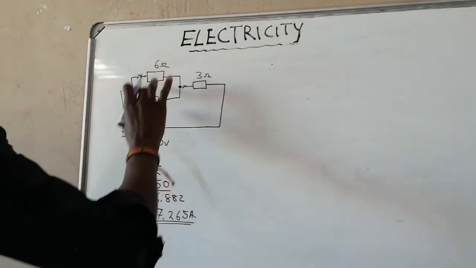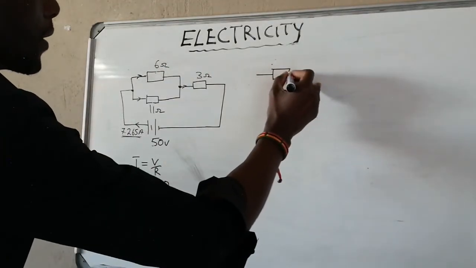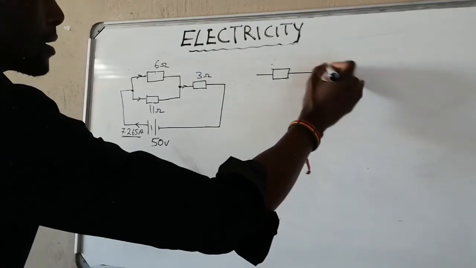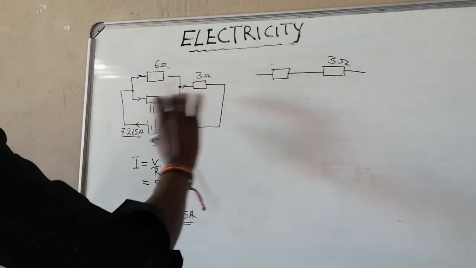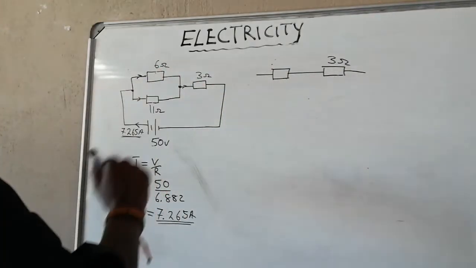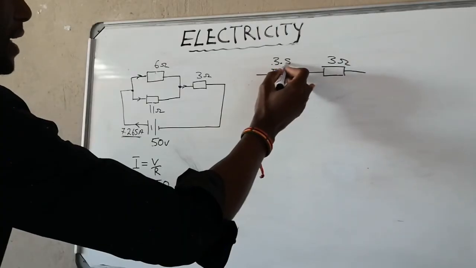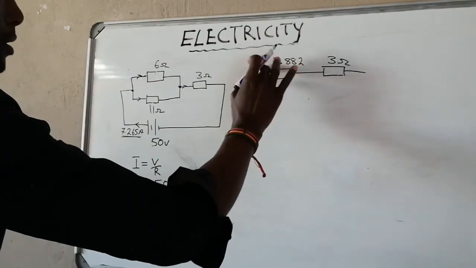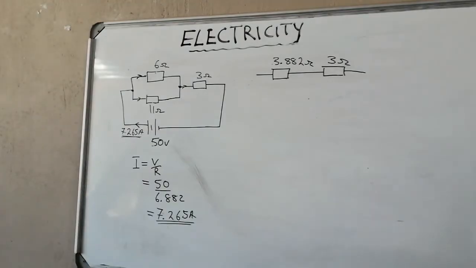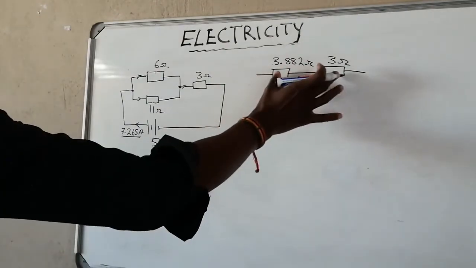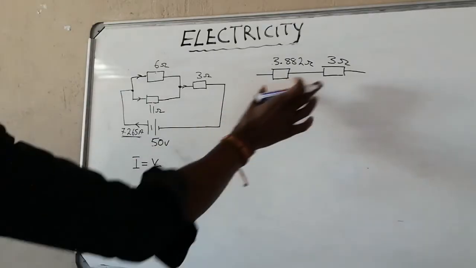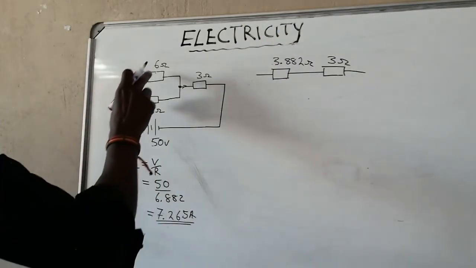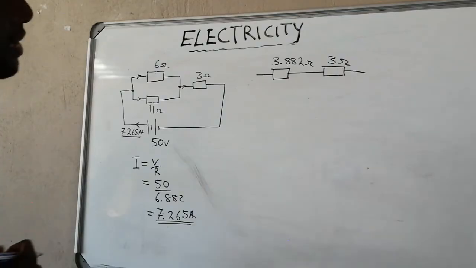So remember when we combine these two, we got our one resistor, okay, this 3 ohms is that 3 ohms. The combination of these two is 3.882 ohms. So these two resistors and these three are exactly the same, because when we combine this, they give us 6.882. These two give us 3.882.